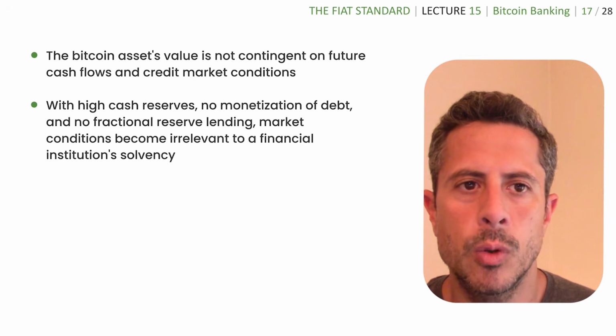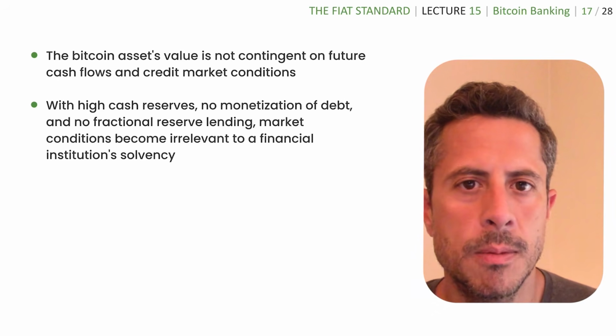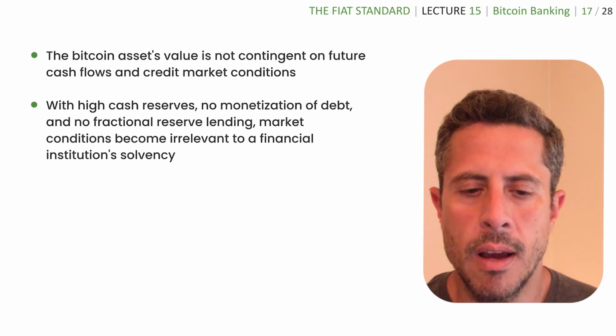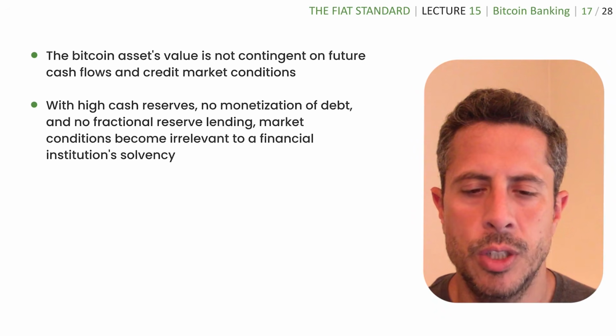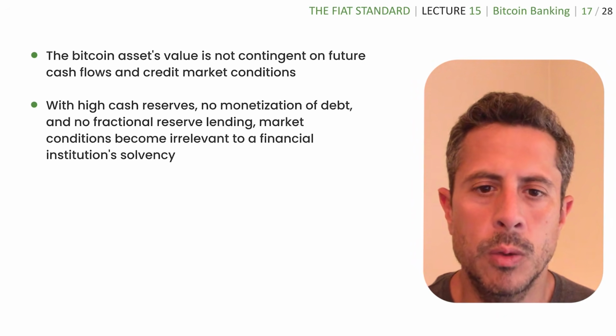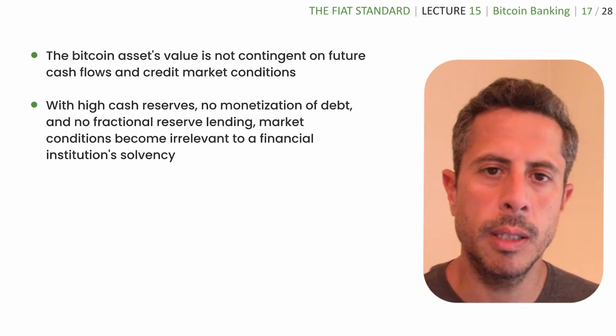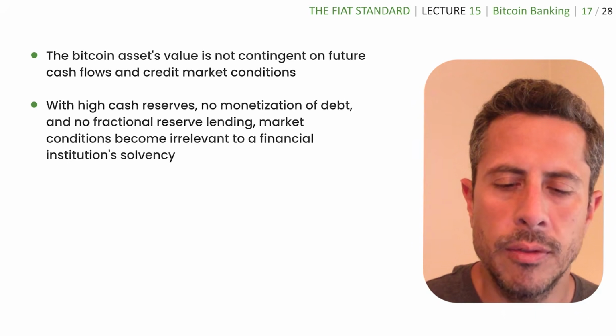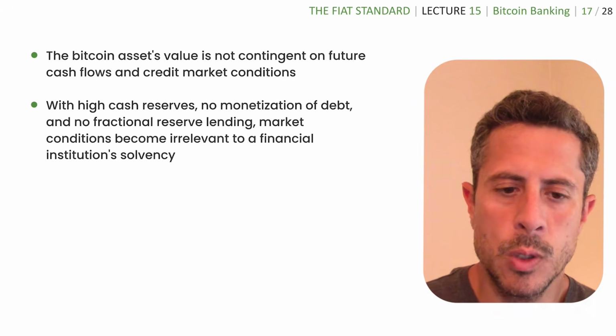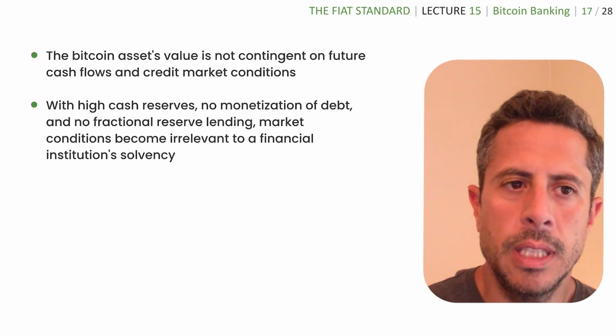If you have your own money and you're not using credit as money, and you're running a tight ship, then it doesn't matter what the rest of the world does. You have your own money, you have your own reserves, and you can meet all of your liabilities, and you have all of your house in order. That doesn't work in fiat.